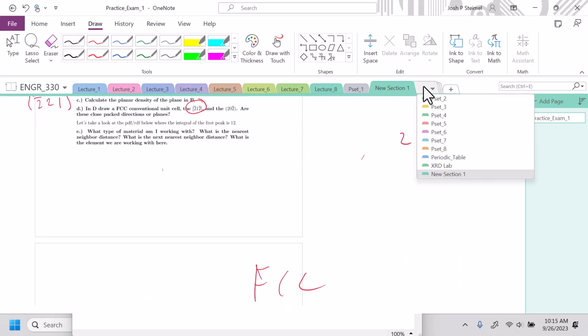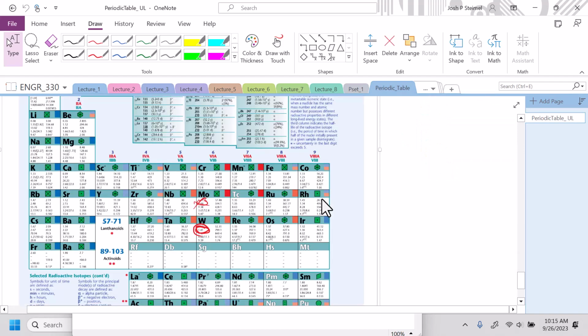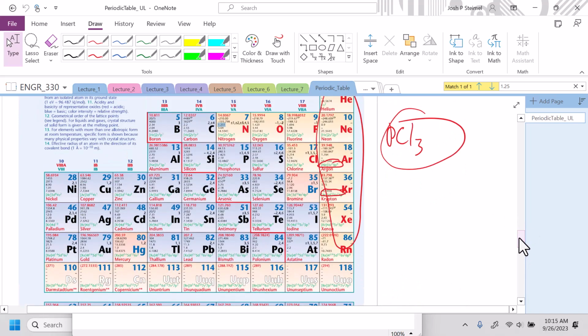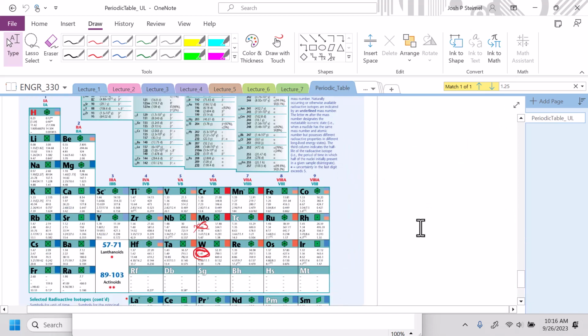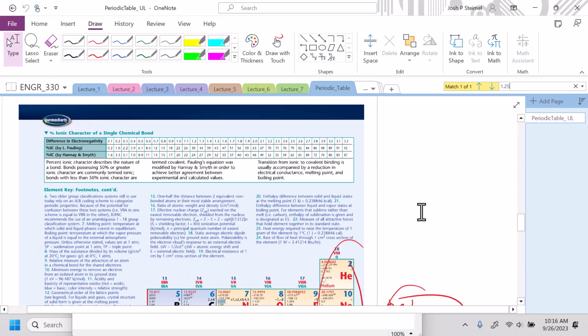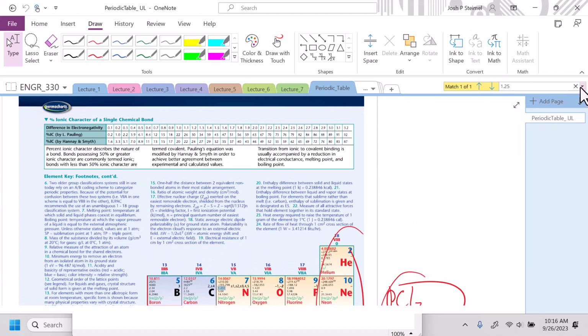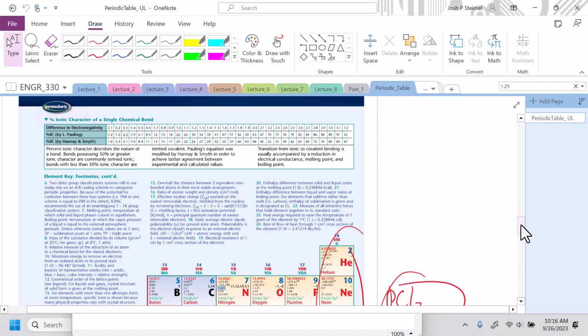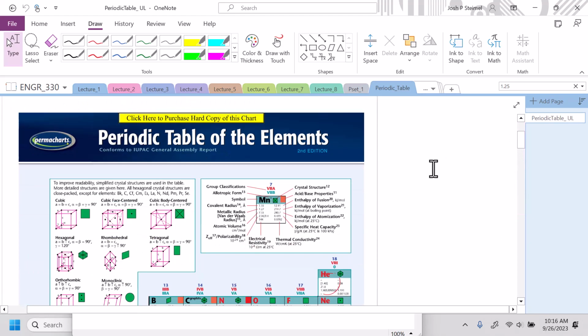So I need to go to my handy dandy periodic table. I'm going to go Control F, 1.25. I need to look for metallic radii. Let's go, come on. Where are you? 1.25. Well, let's go look at it the hard way. I don't know why it's not working. Why aren't you behaving today?